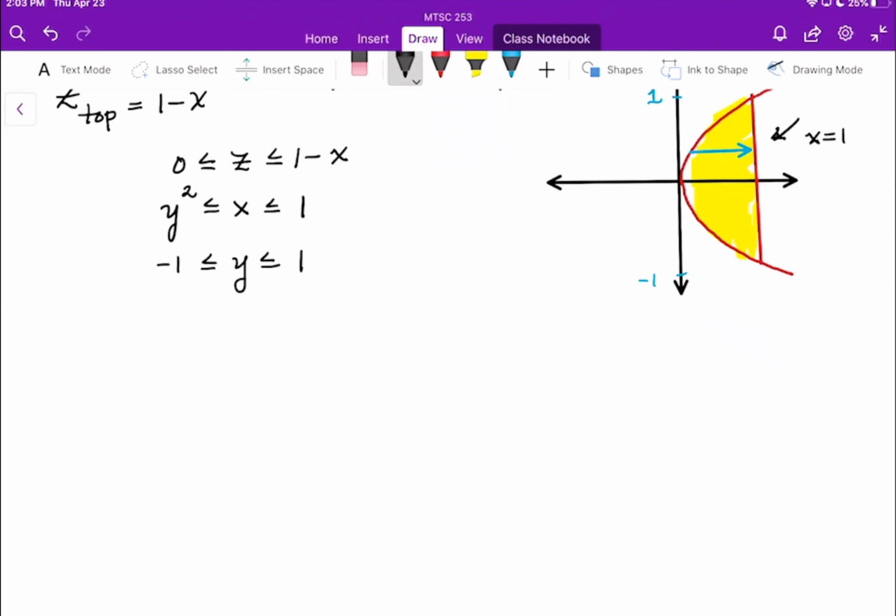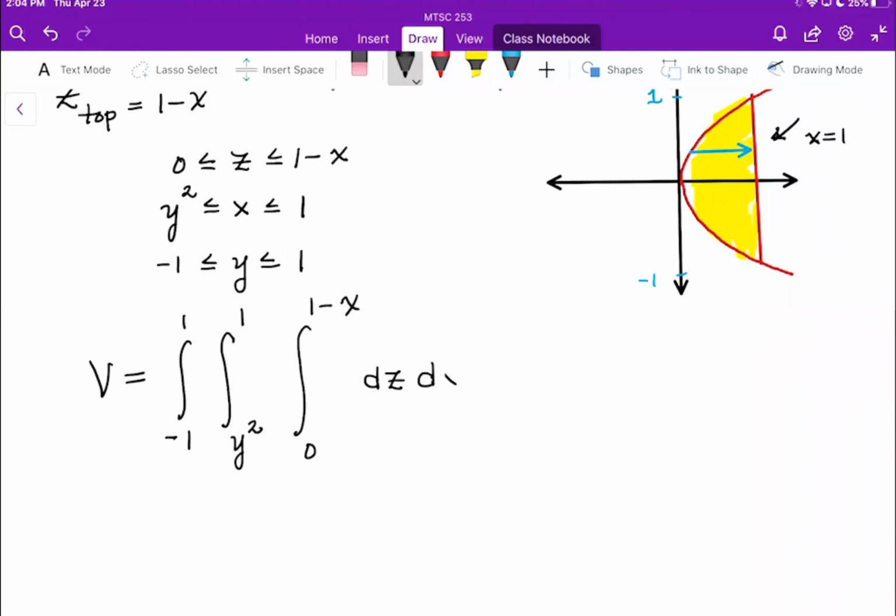So the volume becomes: y goes from minus 1 to 1, x goes from y squared to 1, and z goes from 0 to 1 minus x. And then I want the volume, so I need dz dx dy.